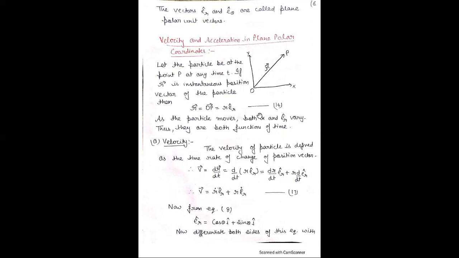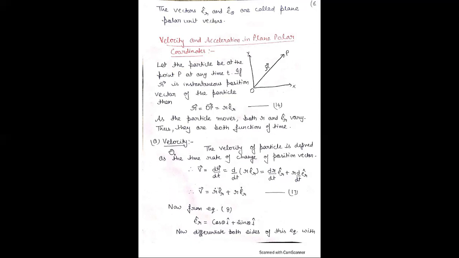As the particle moves, the value of r as well as the direction of r, that is the radial unit vector e r, also changes with time. Therefore, both r and e r are functions of time.